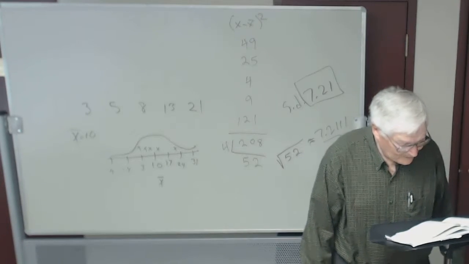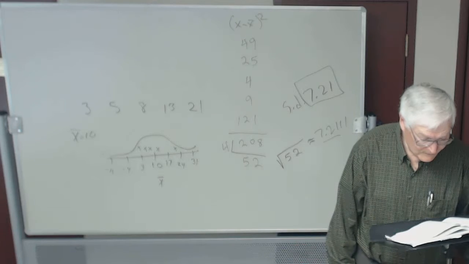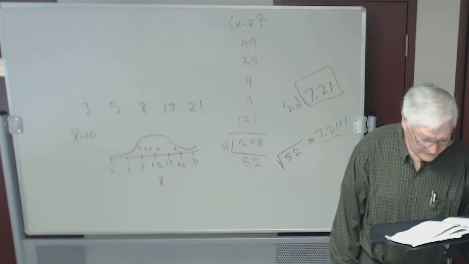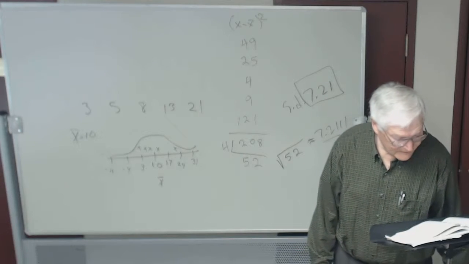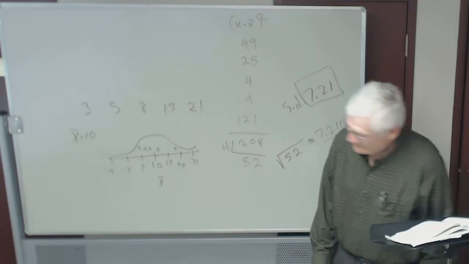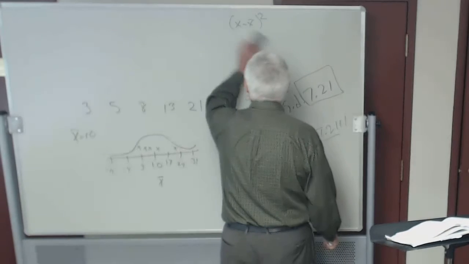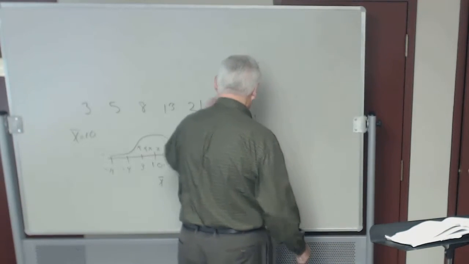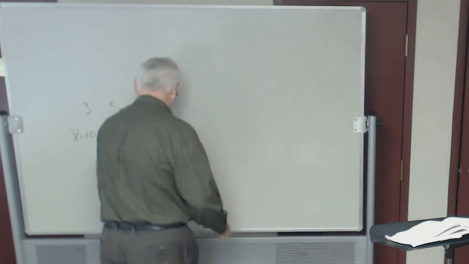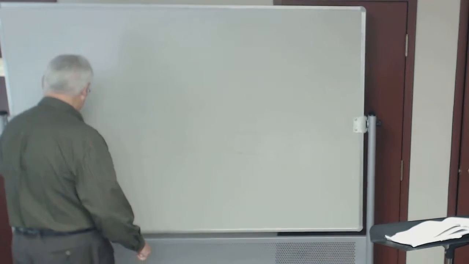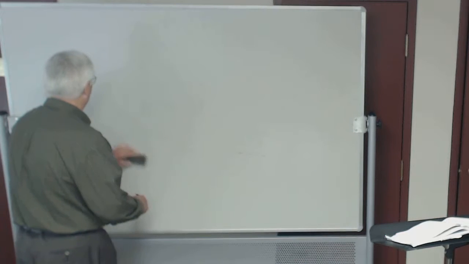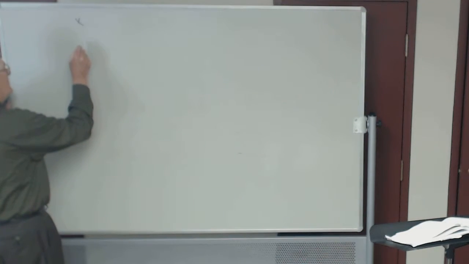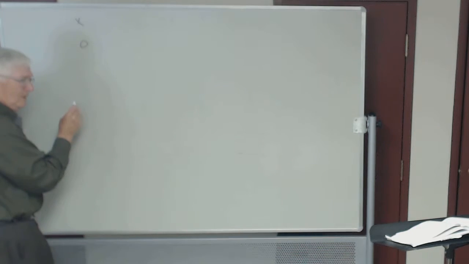Okay, let's do problem number 8. Find the range for problem 8. Now, you see what's the problem with problem 8? They're not in order. So the first thing I have to do is put them in order. 0, isn't that the lowest one?